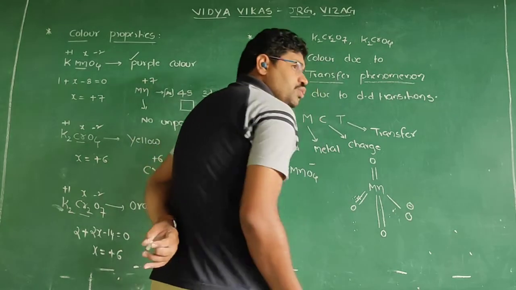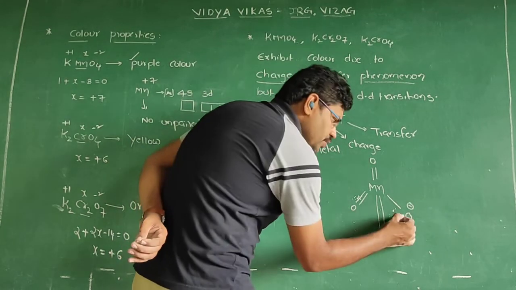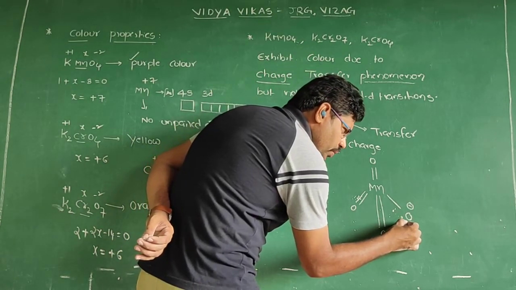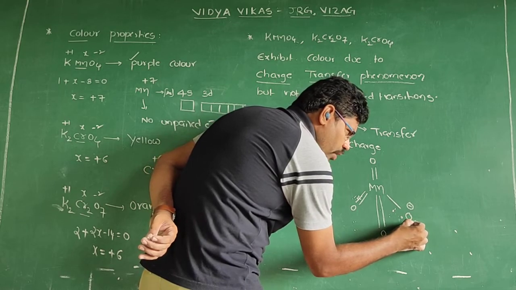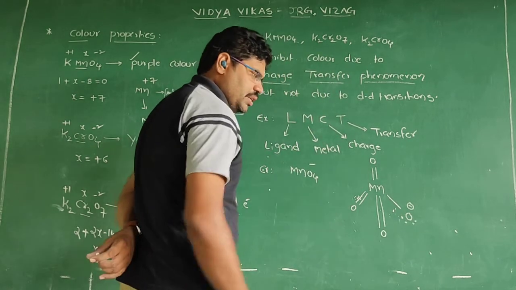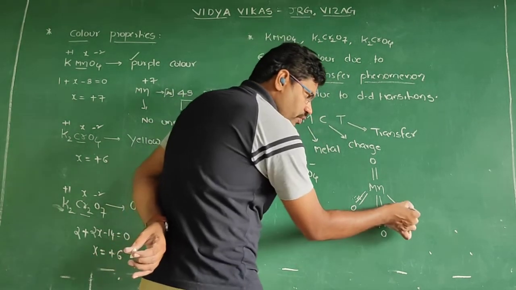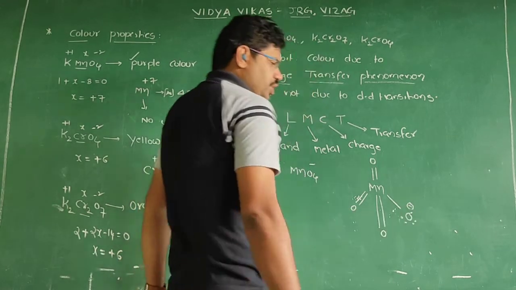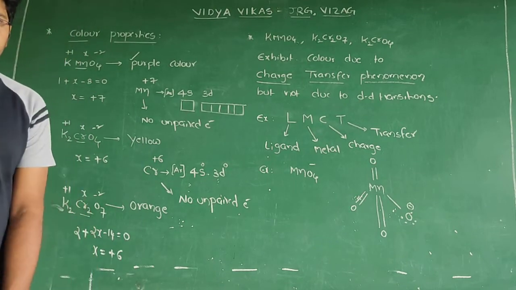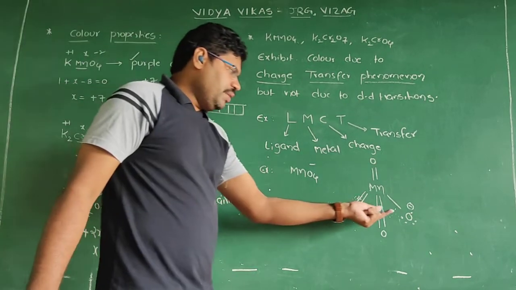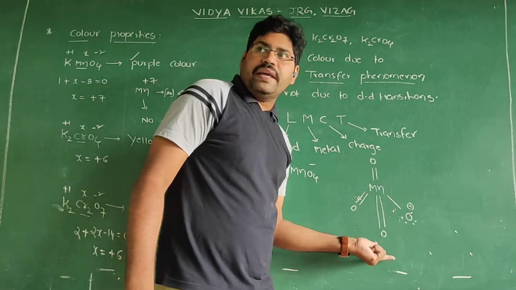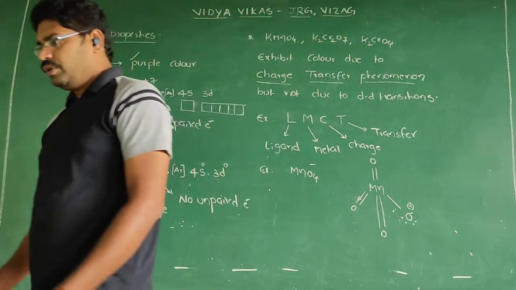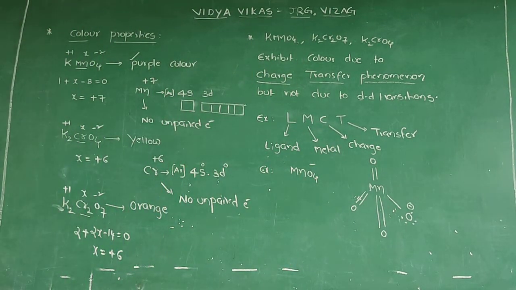O minus means what, sir? Dear students, just look, two bond pairs of electrons are already present on oxygen here, and with the addition of one more electron, a negative charge appears, keep in mind. So that's what we simply call the MnO4 minus structure. Very, very important one, dear students.